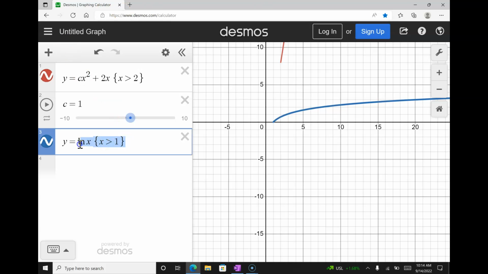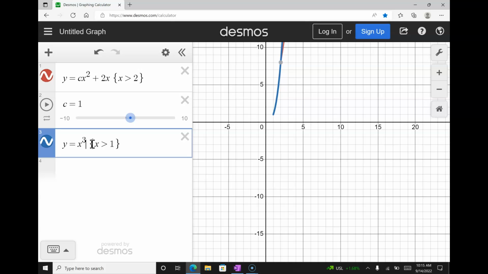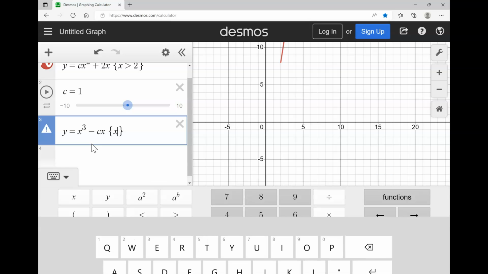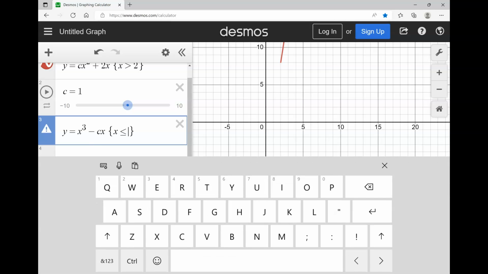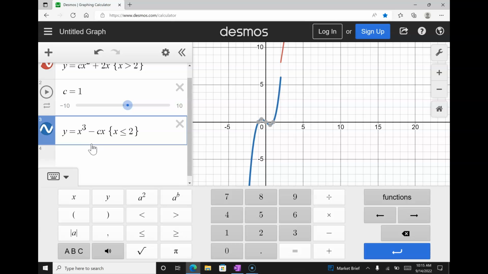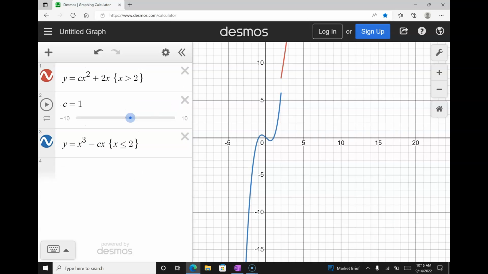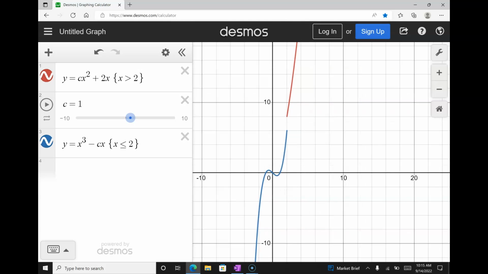And then my second function, x cubed minus cx, for x less than or equal to 2. So there it is.